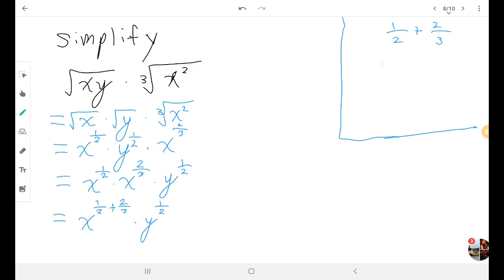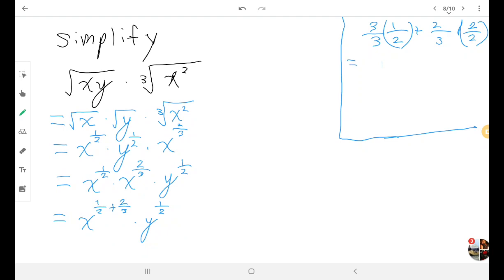So what I'm going to use is I'm going to multiply by 1 in clever forms, and I'm going to use the two denominators to help me do that. I'll use this denominator here, and I'll use this denominator here. So what that looks like is multiply this one by 3/3, and multiply this one by 2/2.